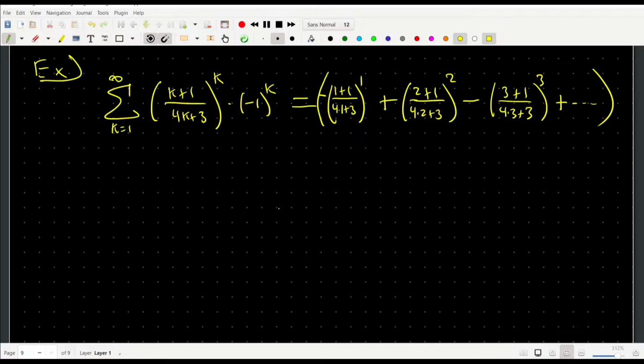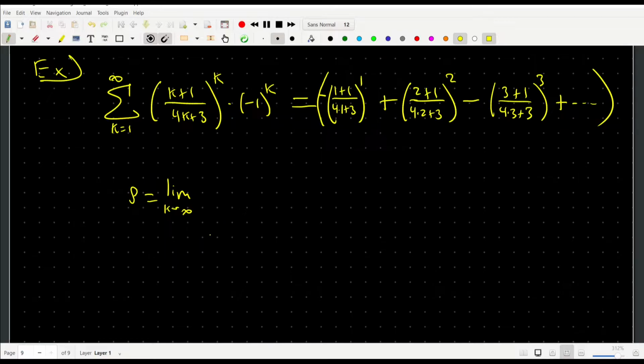So this would be a series that if you try to do the root test, or the ratio test too, it wouldn't be super nice to evaluate the limit. So it's much easier to look at the limit as k goes to infinity from the root test.